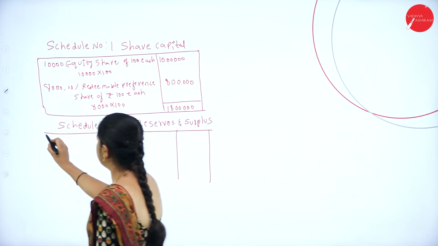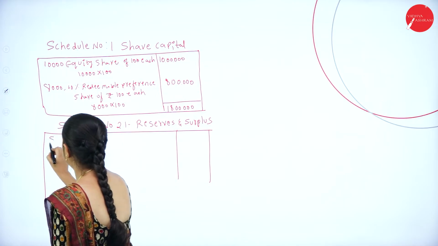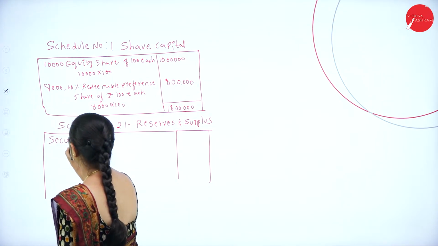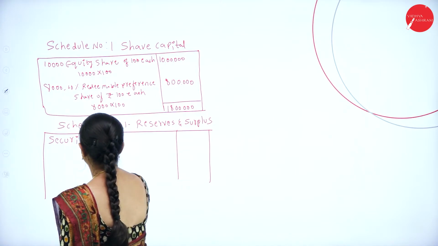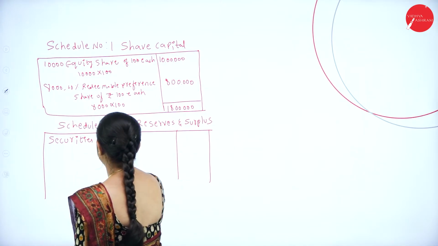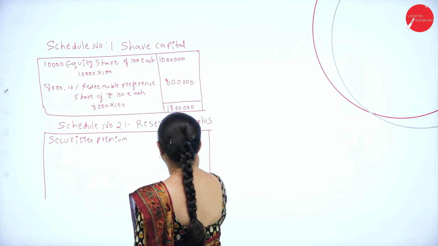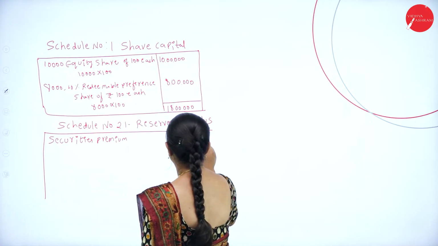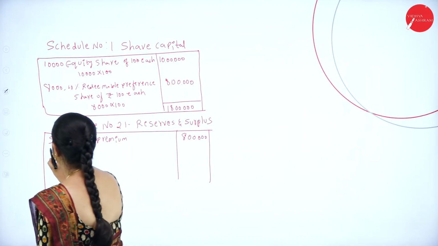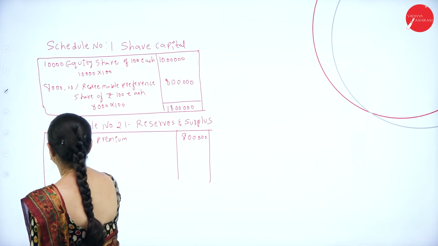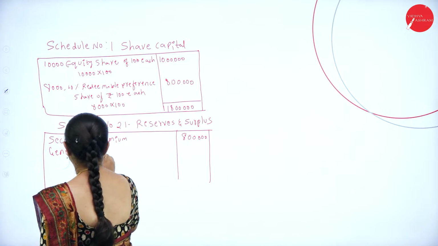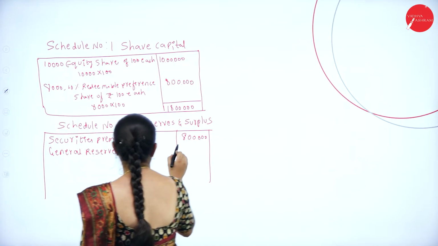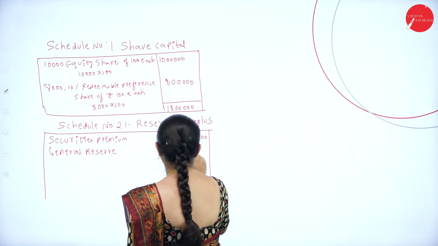Under reserves and surplus, first one, securities premium, 8 lakh. Next, general reserve, 32 lakh.